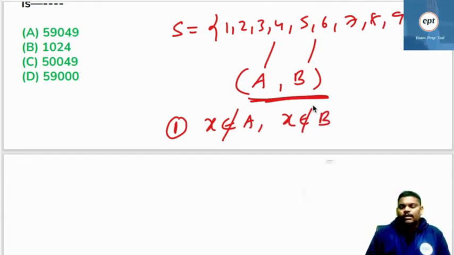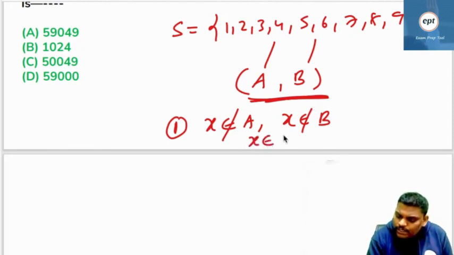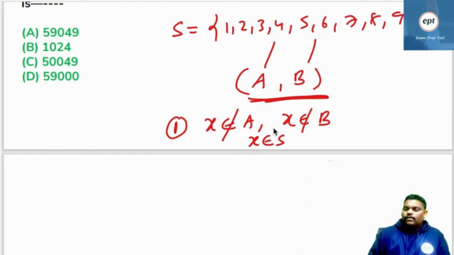X belongs to S, take one element. There may be a chance that X does not belong to A and does not belong to B. So that is one choice.